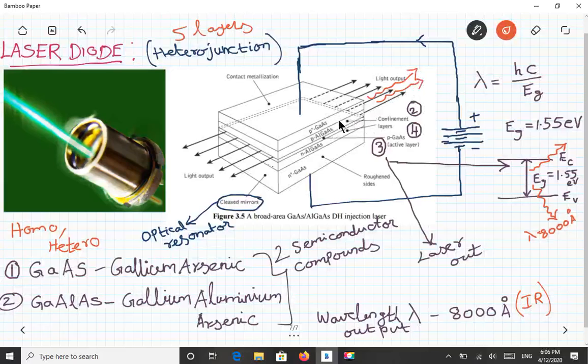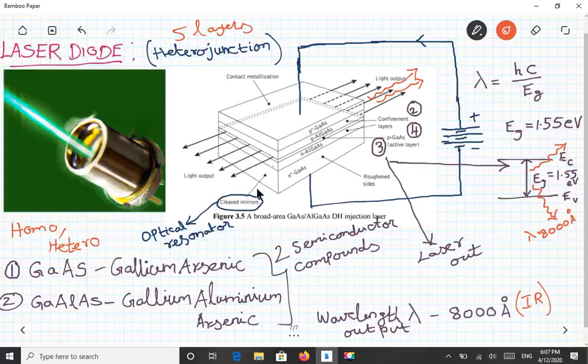Now the difference between a laser and a normal LED. This works with the same function as an LED, radiative recombination again. The only difference between the laser and normal light is the difference between spontaneous and stimulated emission. How much spontaneous and stimulated emission happens will define whether the light will be a laser or a normal light.